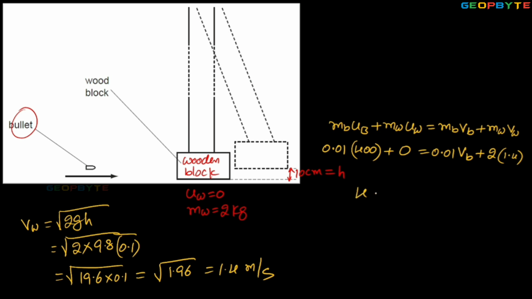Then it is 4 is equal to 0.01 into velocity of the bullet plus 2.8.